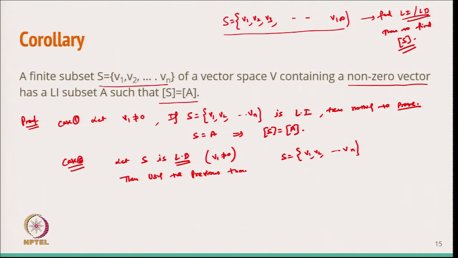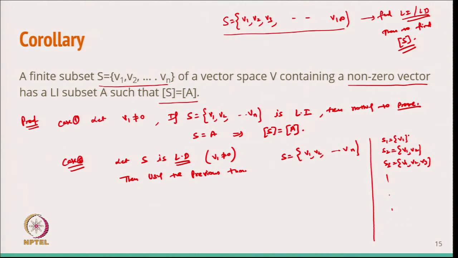What we are going to do? Because V1 is not equal to 0, I can make a set like this one: S1 that will contain V1 only, S2 = {V1, V2}, S3 = {V1, V2, V3}, like this one.